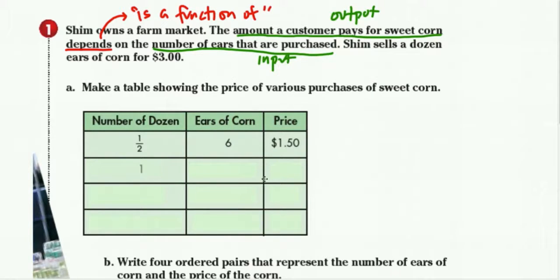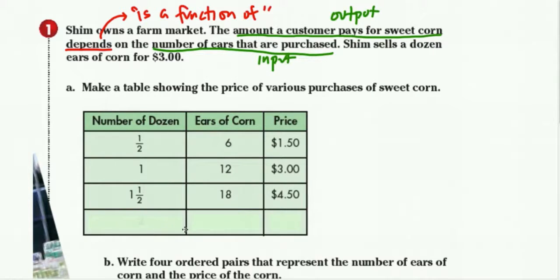If you have 1 dozen, 12 ears of corn, that would be $3. 1 1/2 dozen, let's say 18 ears of corn, that would be $4.50.